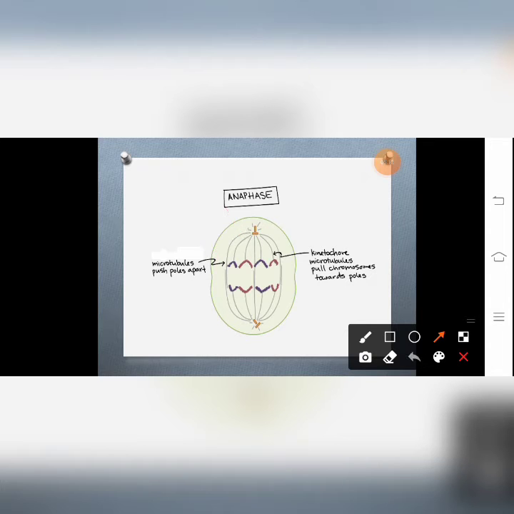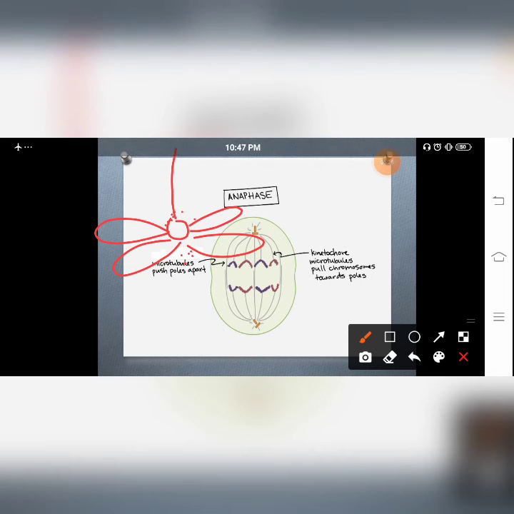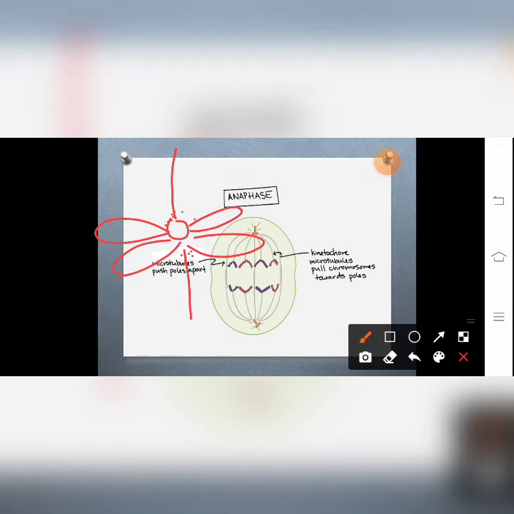For example, if this is a chromosome, these are the kinetochores and this is the chromosomal spindle fiber.